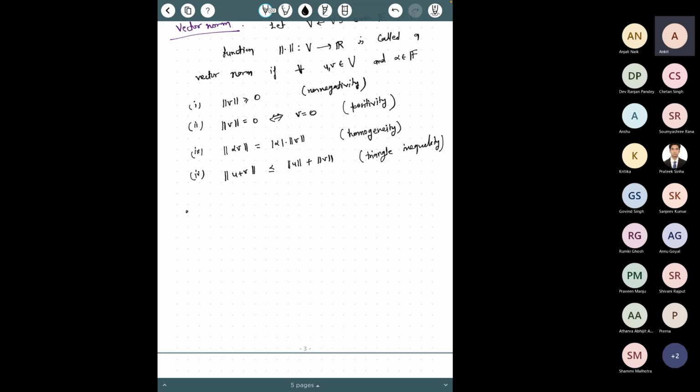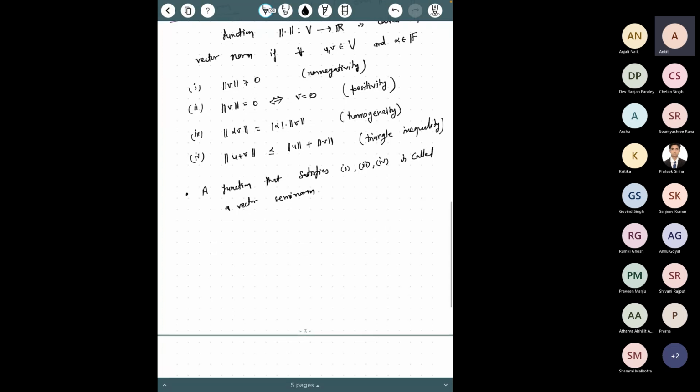So I'll write here, a function that satisfies the first, third and fourth properties is called a vector semi-norm. All right. So any function from V to R that satisfies these four properties is called a vector norm.